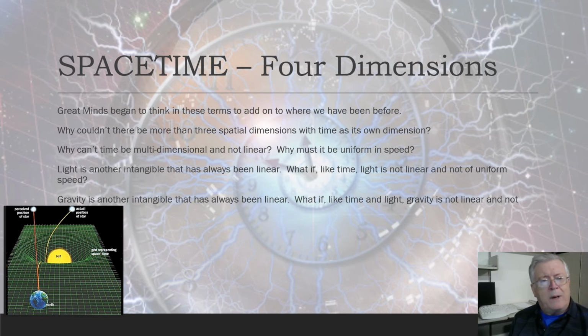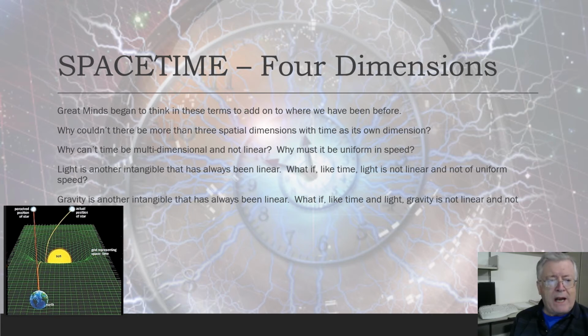And then time is its own dimension. So what about time? What if time is multidimensional? What if we have 2-dimensional time? What if time is not linear and began with its origin at the Big Bang?